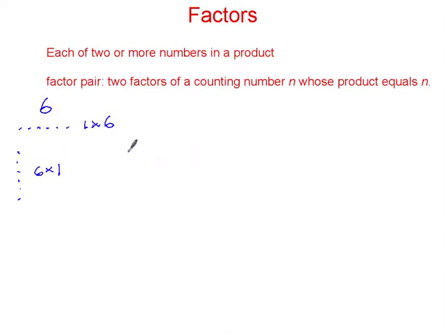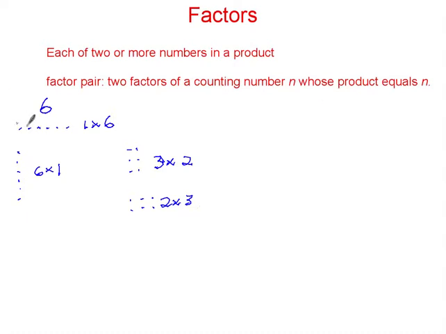We could have 3 rows and 2 columns, so that would be 3 times 2. And we could also have 3 columns and 2 rows, which would be 2 times 3.